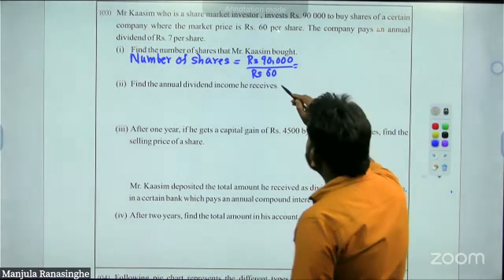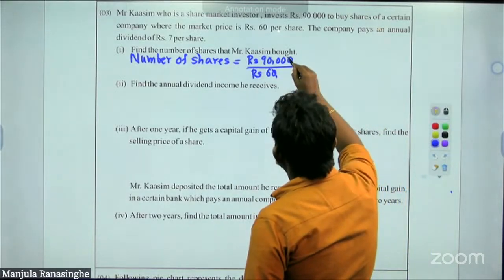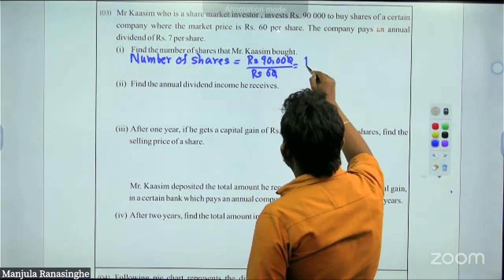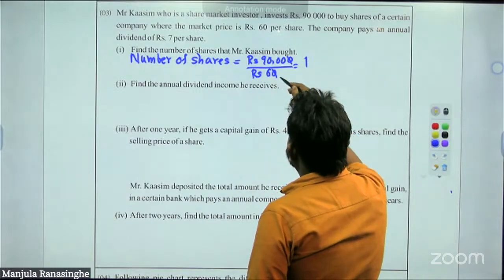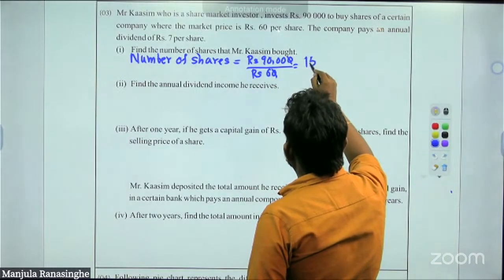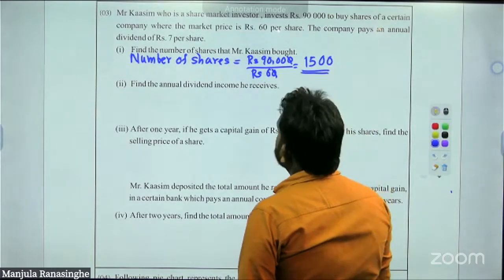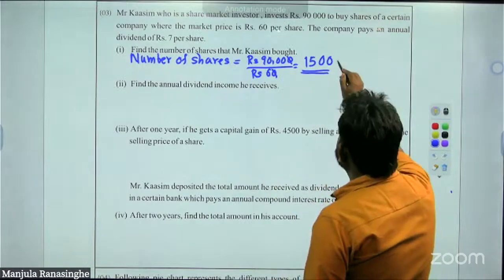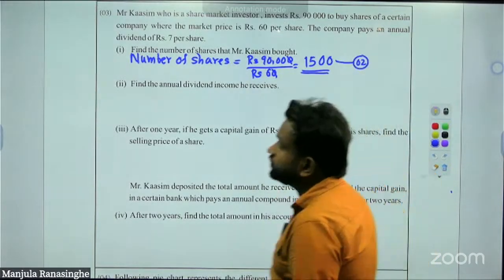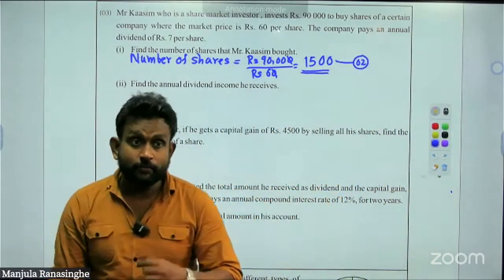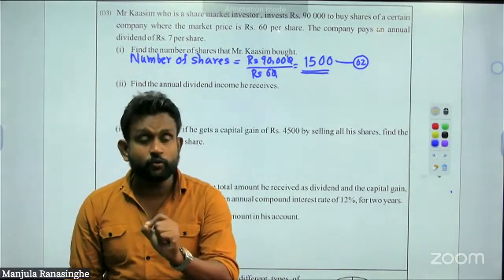So what is the answer? Here you can divide, 0 0 cancel, then 6 1 6, then 9 subtract 3... then how many shares he bought? 1,500 shares. Okay, how to find the shares? The invested amount divided by the market value of one share.